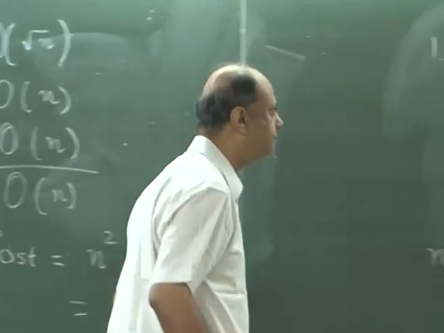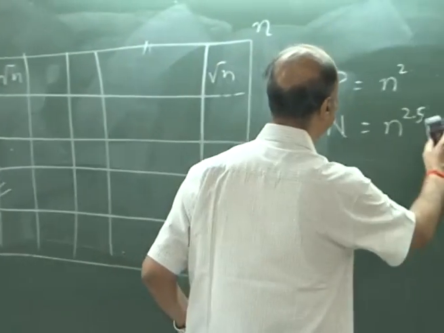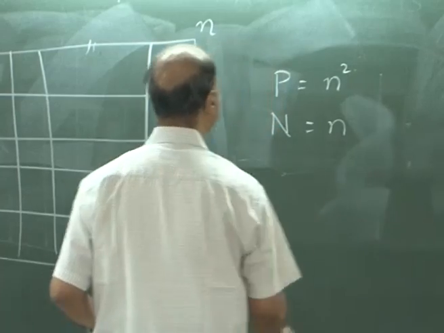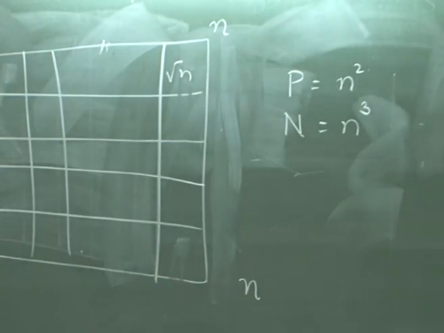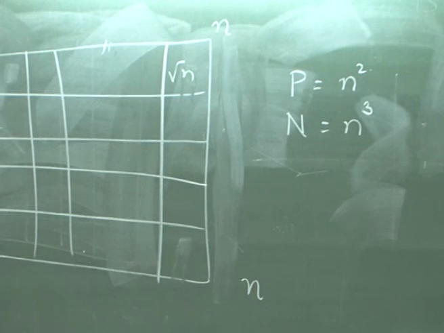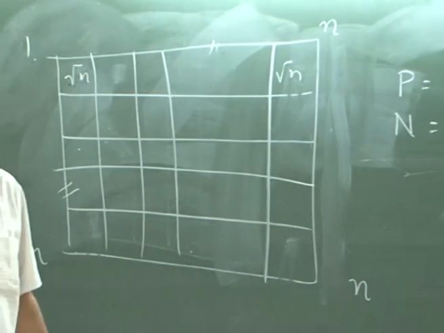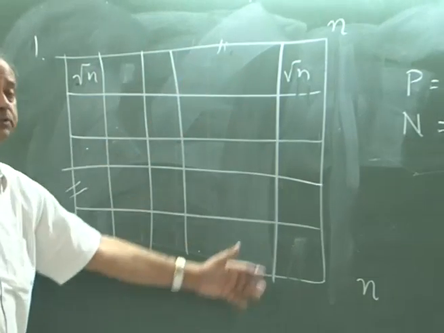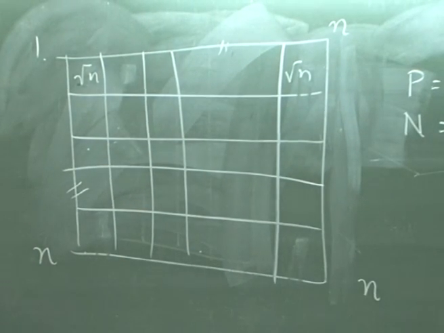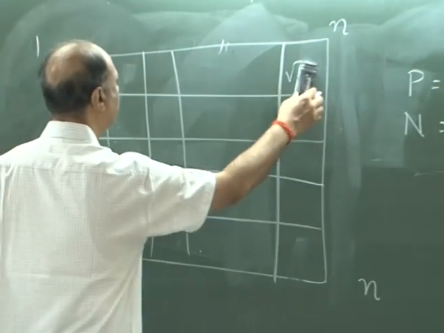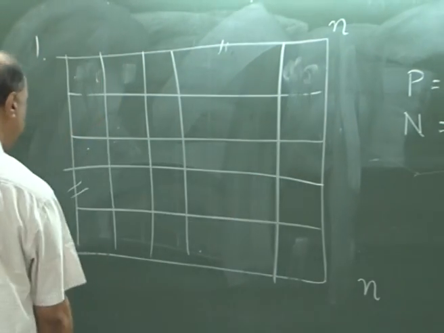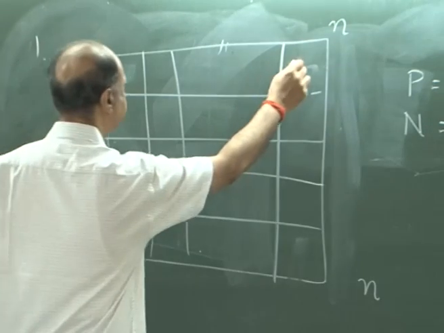So, to do that, let us assume there are n cube elements. Now, these n cube elements are distributed among these n square processors. So, each processor contains n elements.